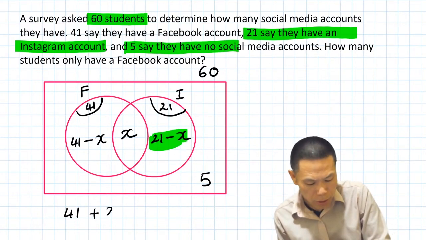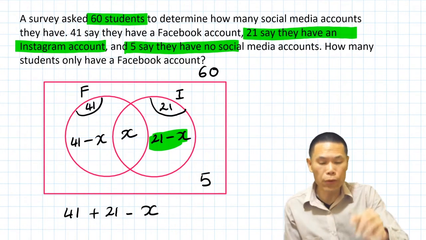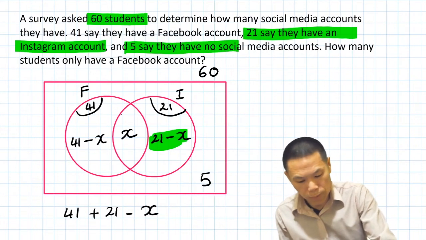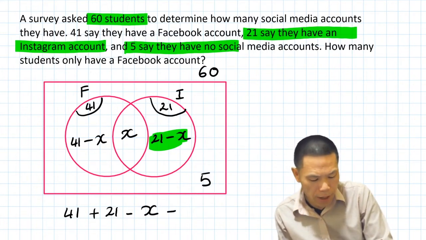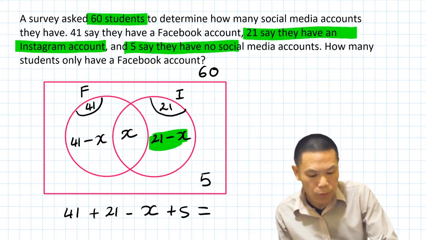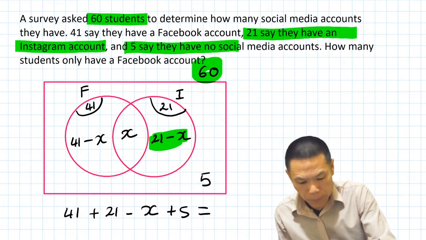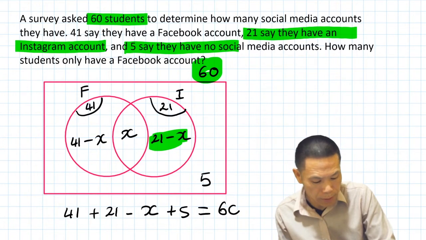Add 21 minus X. And don't forget to add this 5 as well. So which is add 5 is equal to 60 here. Okay. So equal to 60.